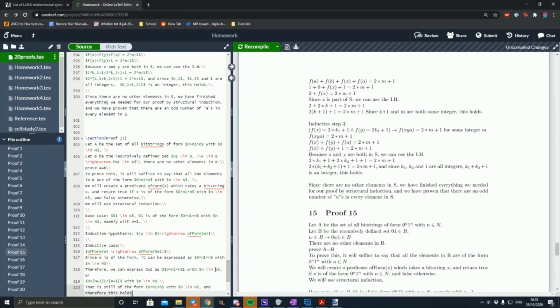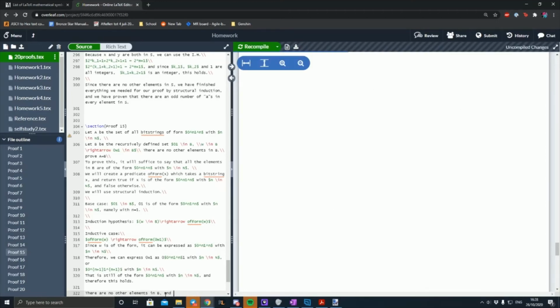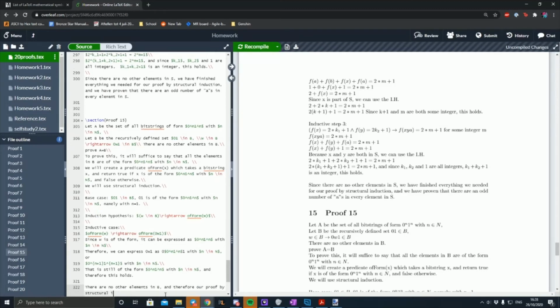Therefore, this holds. There are no other elements in B, and therefore our proof by structural induction is done.